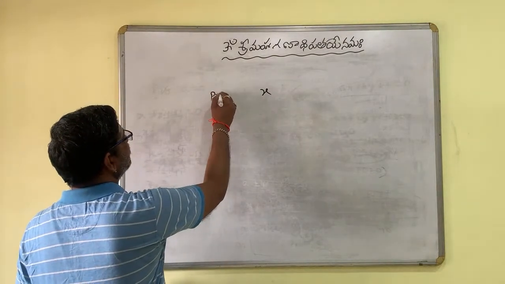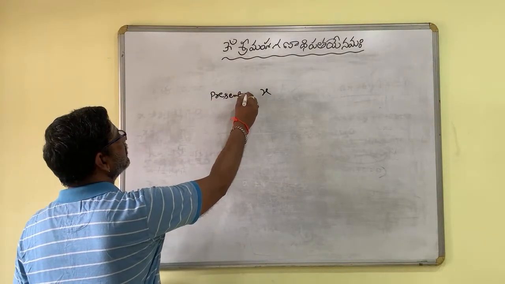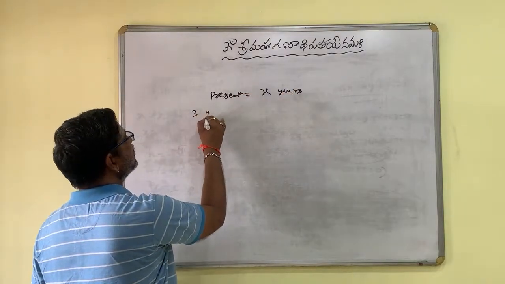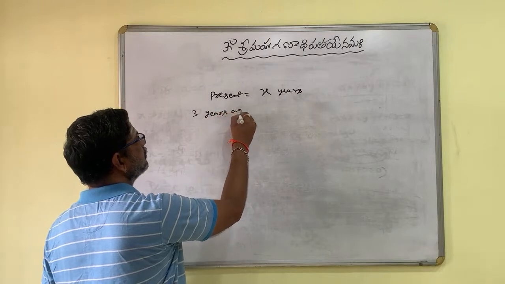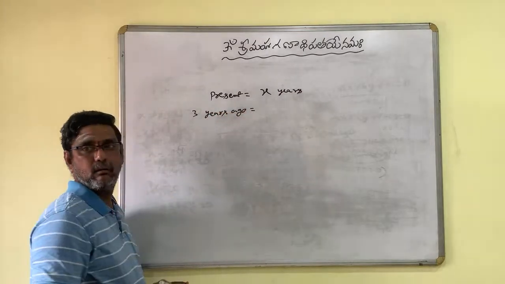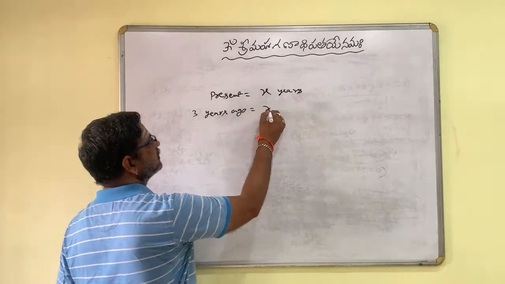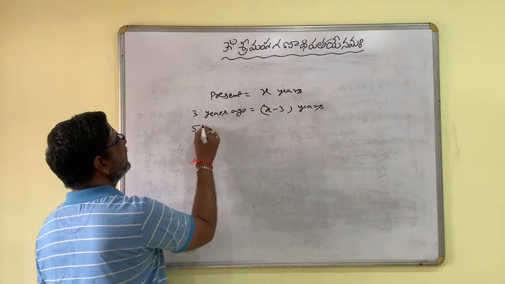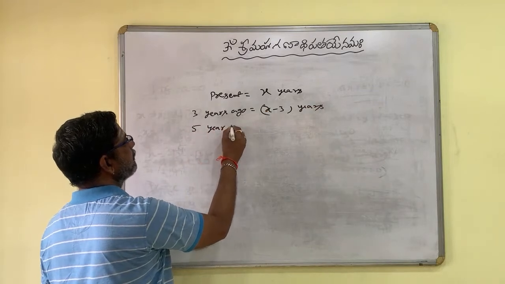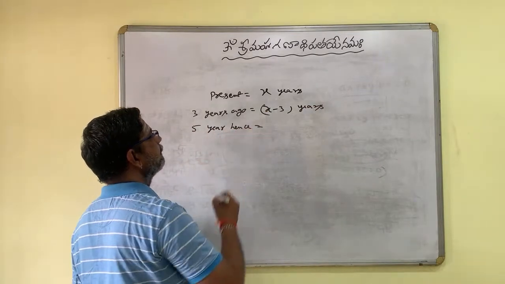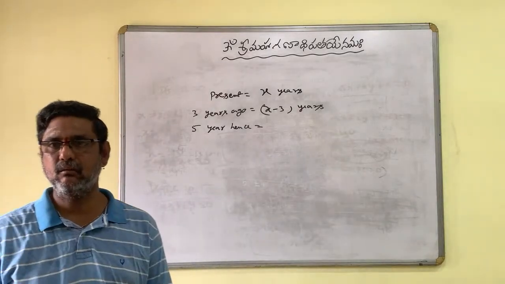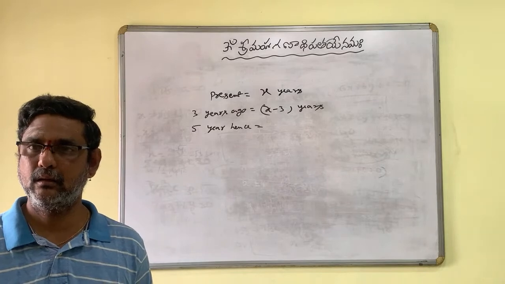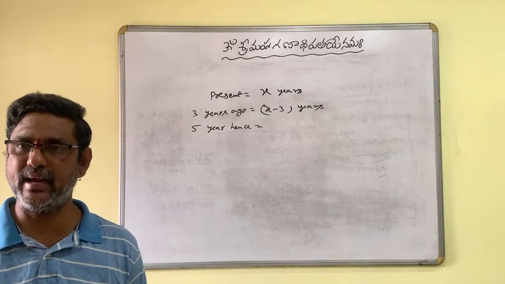At present my age is x years. 3 years ago, x minus 3 years, correct? And 5 years hence, what is my age?